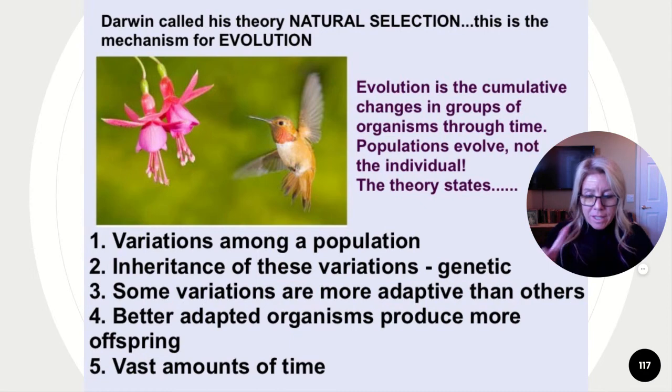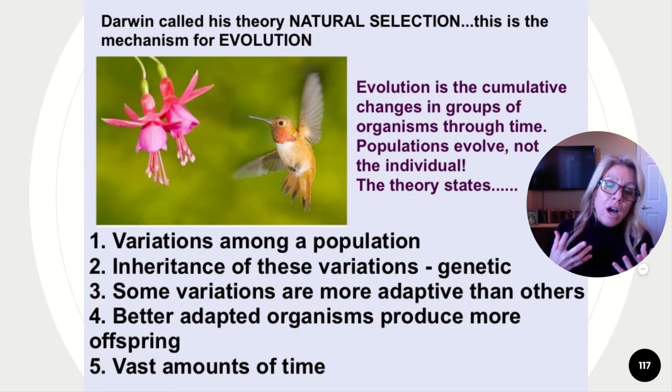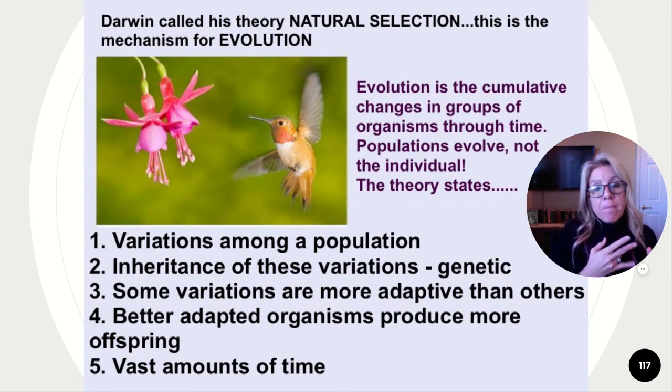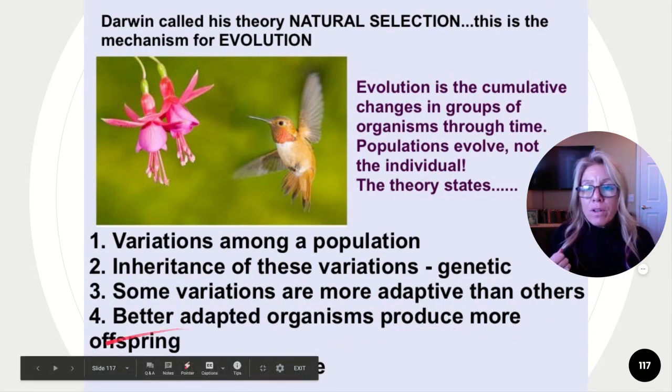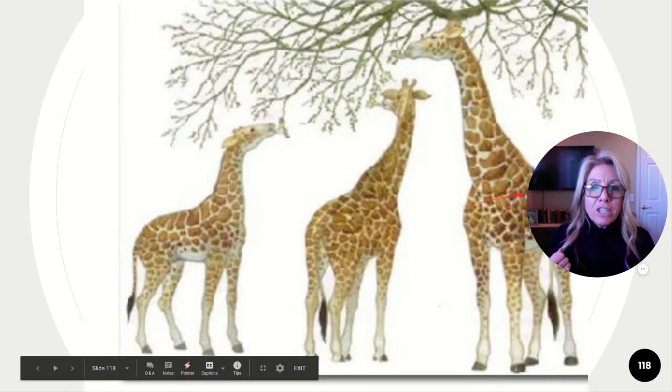So all of these things, right? Mutation, migration, non-random mating, natural selection, small populations, those will all contribute to change over time in the allele frequency, and that is evolution.